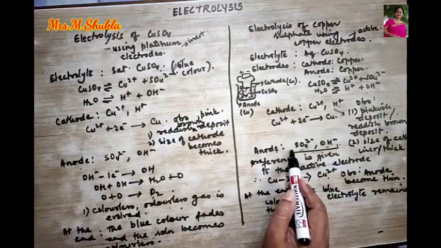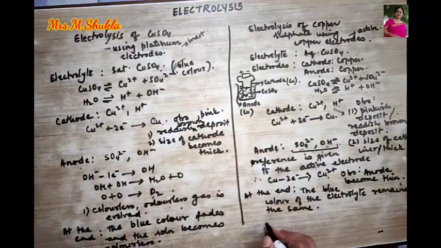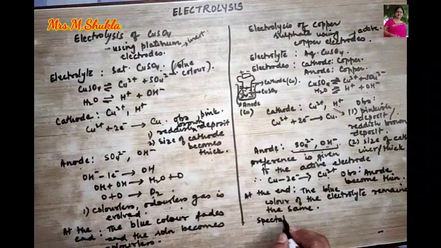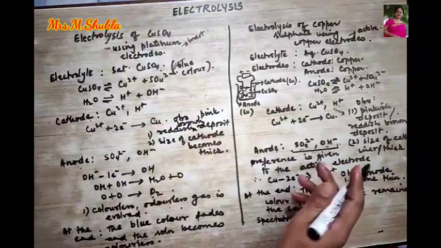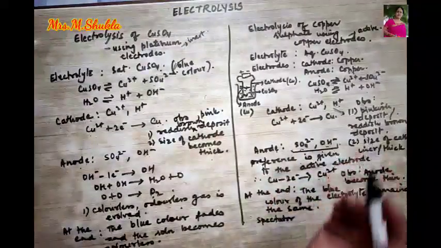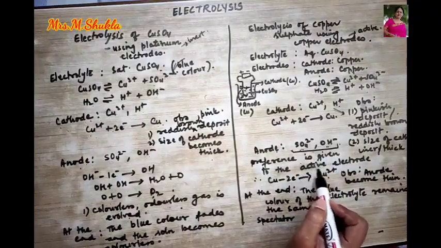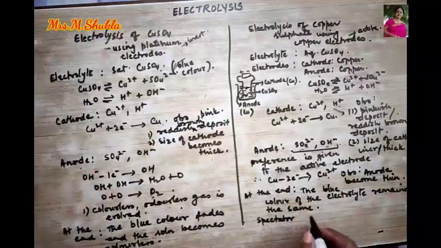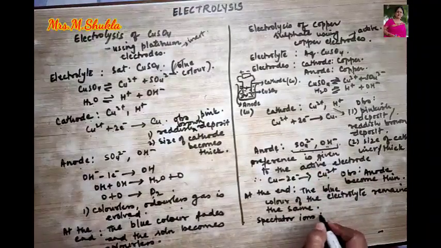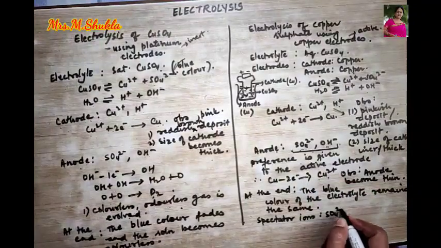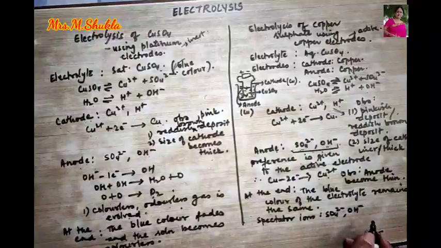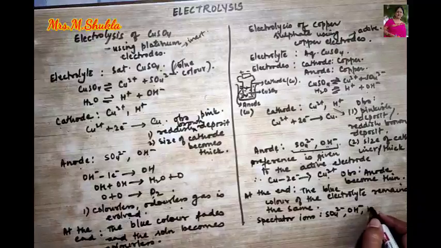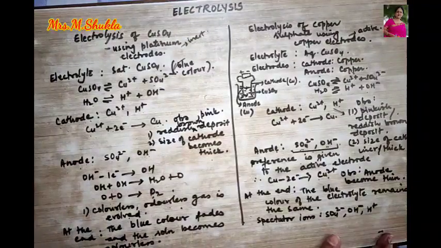Since they have no work over here, they are termed as spectator ions. Who are spectators? Who just observe, right? Here they are just observing, they are not able to do anything. Who is playing the active role over here? The electrode is playing the active role. They are just the spectators, and therefore we say that spectator ions are your sulfate ions, your hydroxide ions, and even your hydrogen ions. These are all your spectator ions, right?